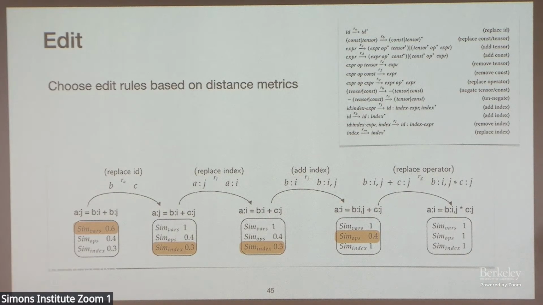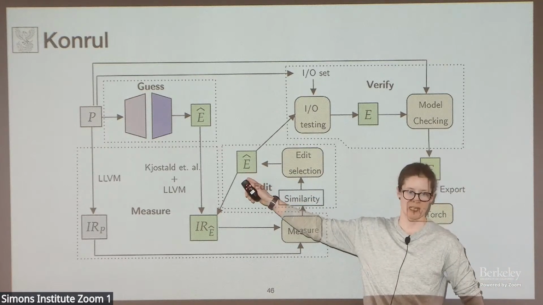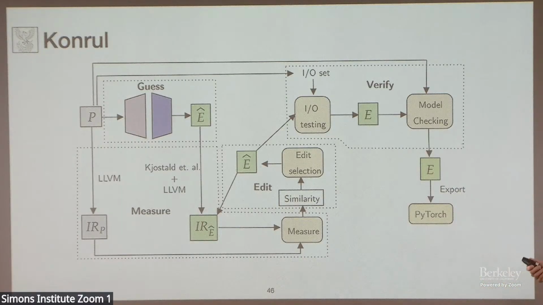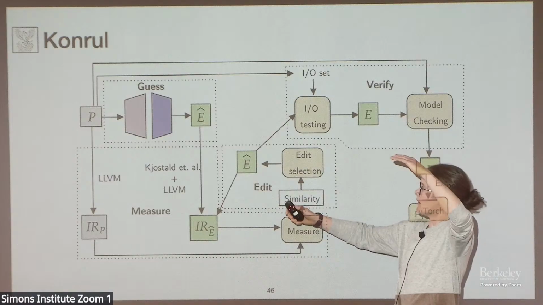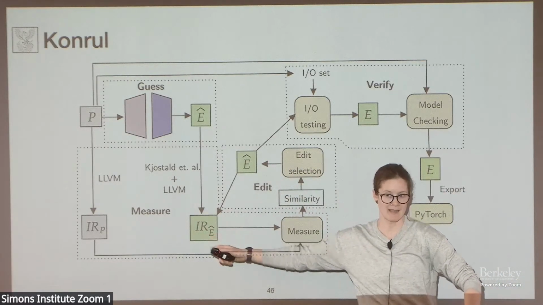Once you've picked your worst performing distance metric, we can then randomly choose which one of the edit rules we should apply from a subset of edit rules, which gives us another einsum program. These edit rules, by the way, are being applied at the einsum, the high-level language, not at the low-level language. So we're editing our high-level guess. And then we will have to lower this again and repeat the process.